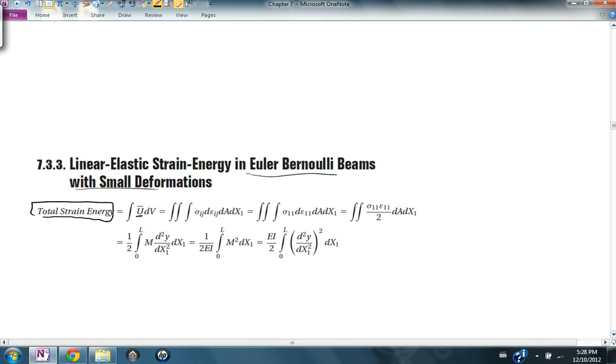So the total strain energy is equal to the integral of sigma ij d epsilon ij, integrated over the volume. The volume is dA multiplied by dL, or dx. Now remember, in Euler-Bernoulli beams, we assumed that the only non-zero strain component was epsilon 1, and we ignored Poisson's ratio effect.